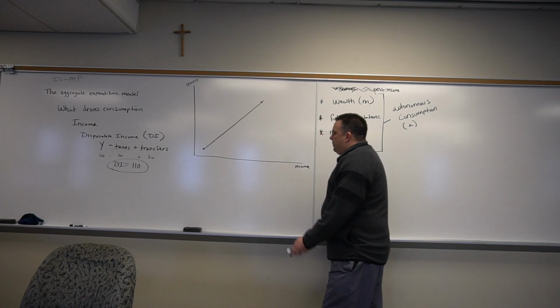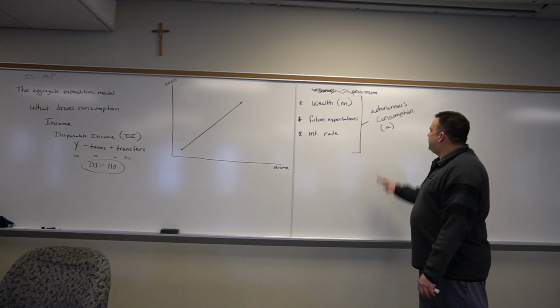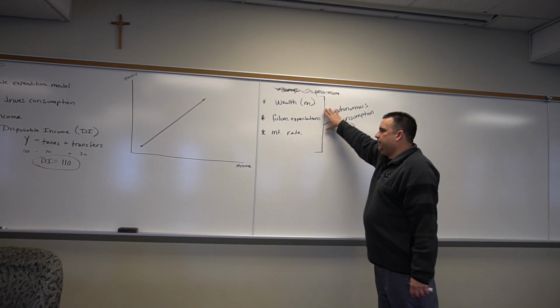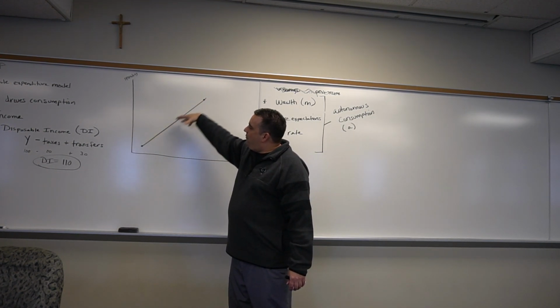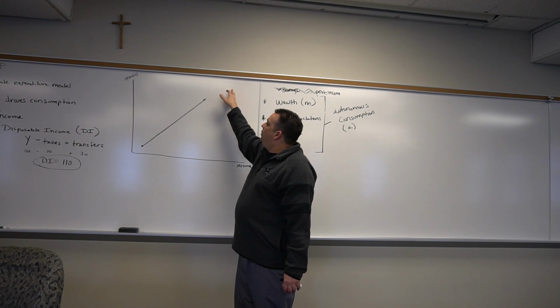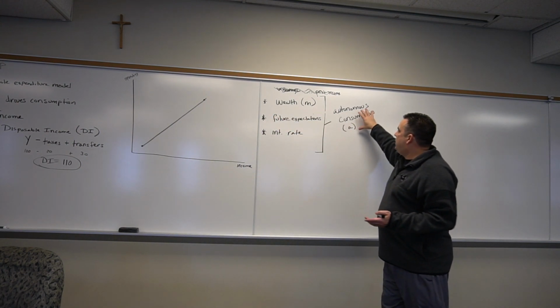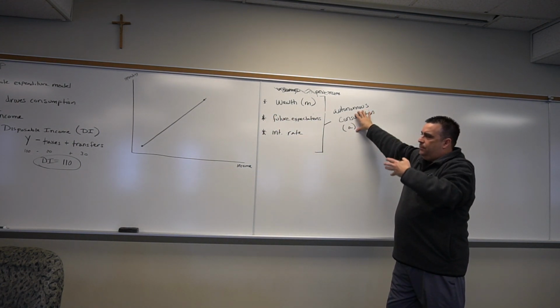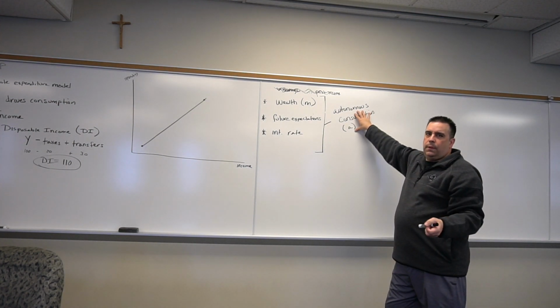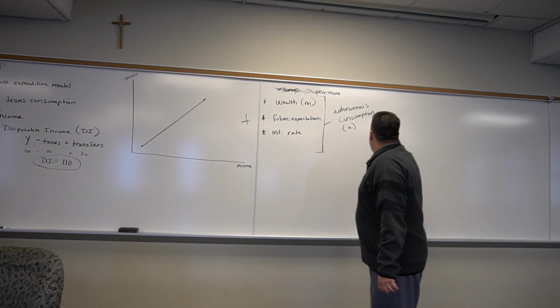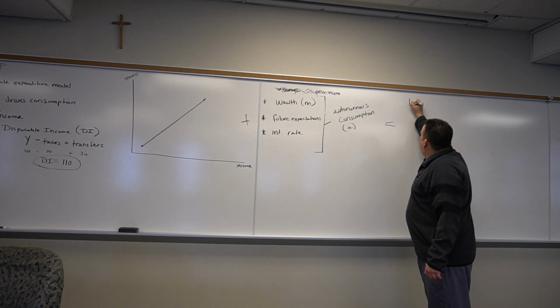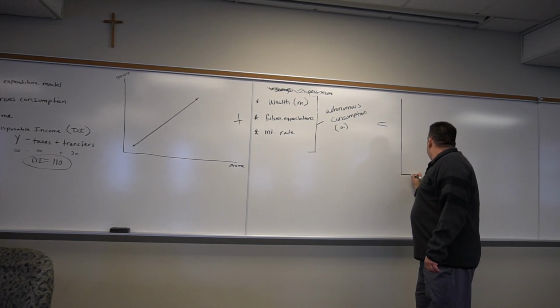Okay, so let's combine this idea and this graph, right? We know we're going to have a direct relationship. We know that there's going to be some spending even if income is zero. We can add these up, and we can show a function for consumption.